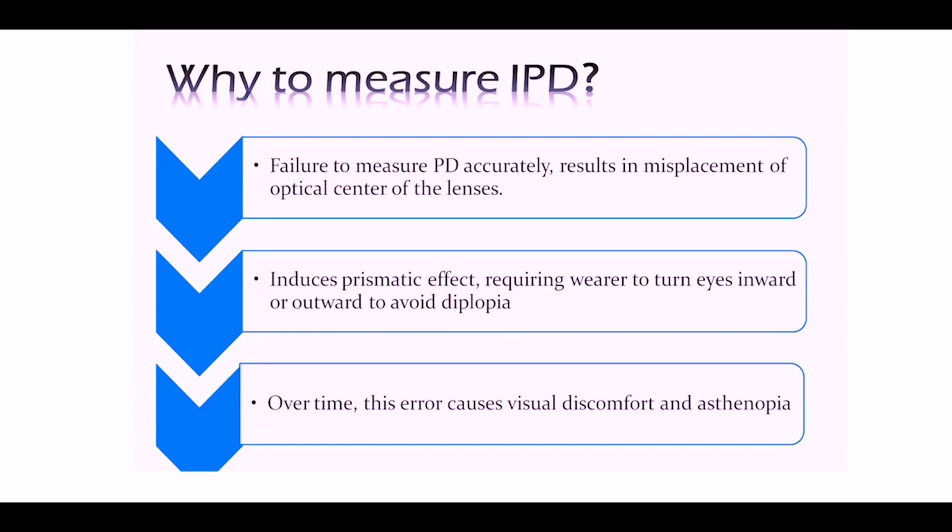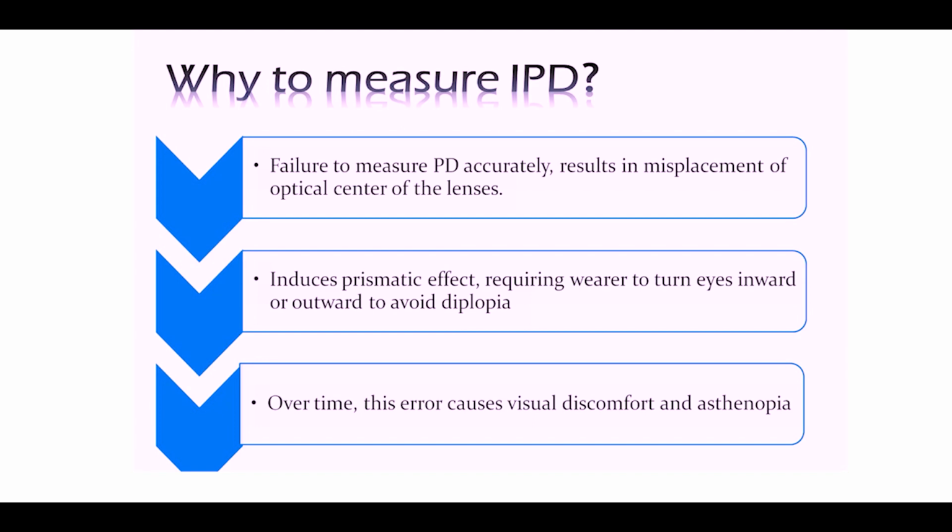So why do we measure IPD? If we don't measure IPD, the result will be misalignment, misplacement of the optical center of the lenses, which will eventually induce the prismatic effect.